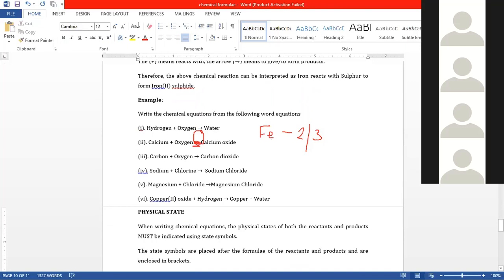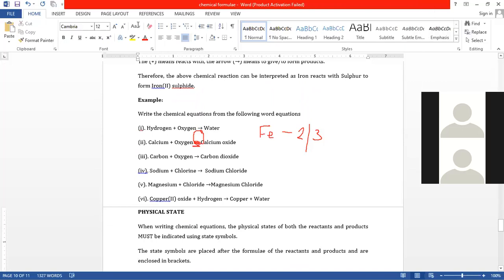Yes, Shona. Write the chemical equations from the following word equations. 1. Hydrogen plus oxygen gives us water.